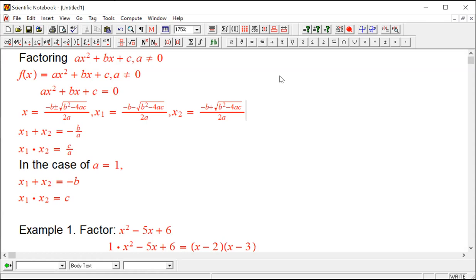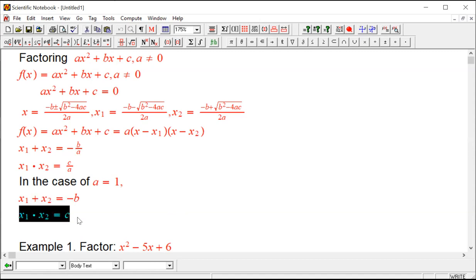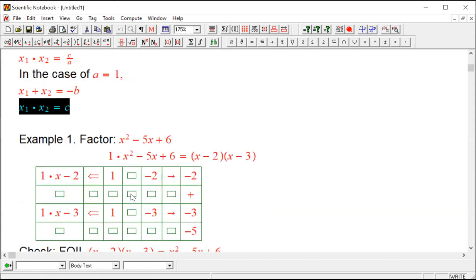So this quadratic form can always be factored into these two forms: x minus x sub 1, and the other one is x minus x sub 2. With that relationship understood, you can try the simple method.